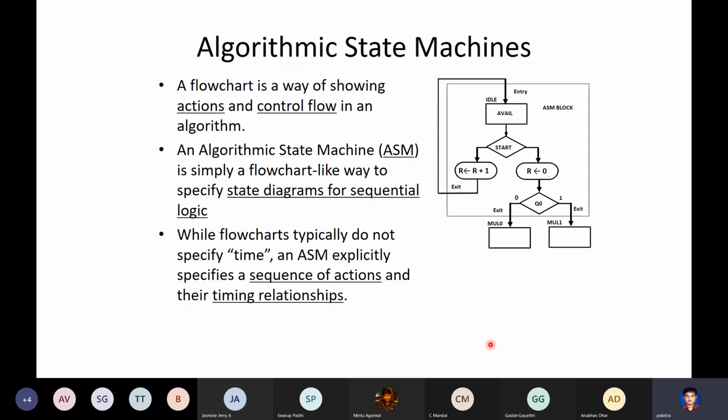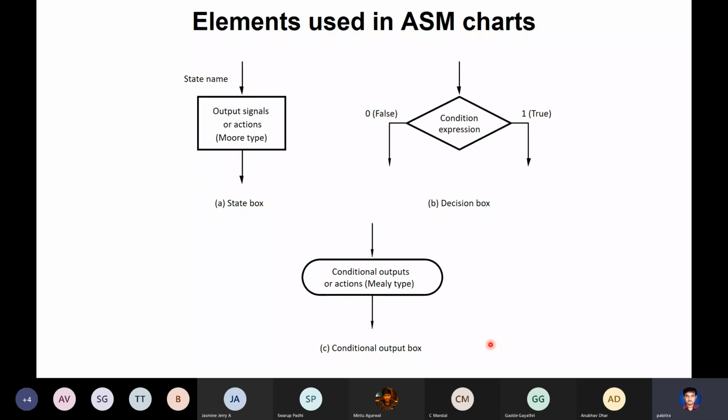There are three components that you use in ASM to write down these ASM charts. One component is something called a state box. The state box consists of a rectangle with one input and one output. In the top left corner of that box, you have the name of the state, some state name you can give.